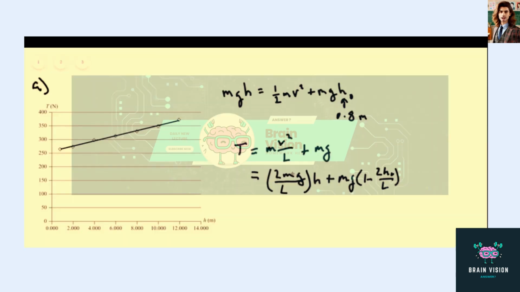And so the best fit equation for this gives us 9.293 newtons per meter for this slope, and then for the constant, not for h because that's a variable, 257.3 newtons.